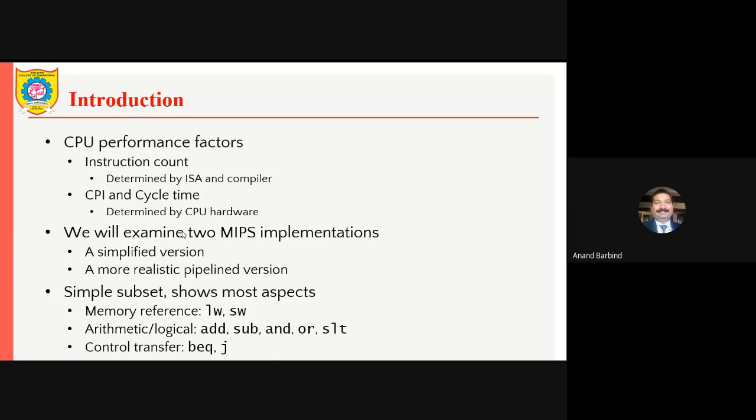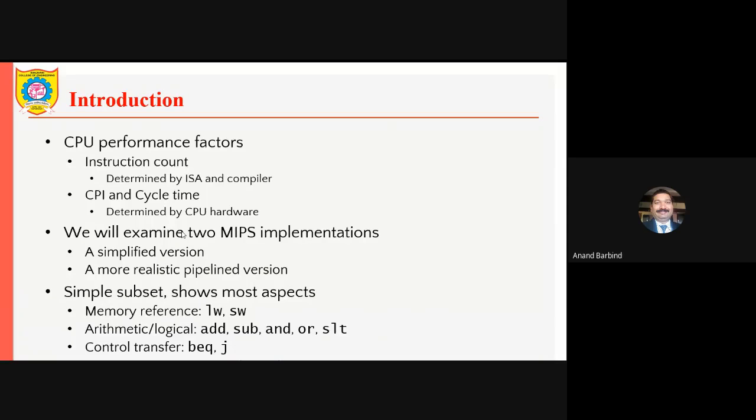Then how this particular MIPS is implemented, that we are going to study here, and later on we shall go to the pipelined version. Okay, so this is very much important.